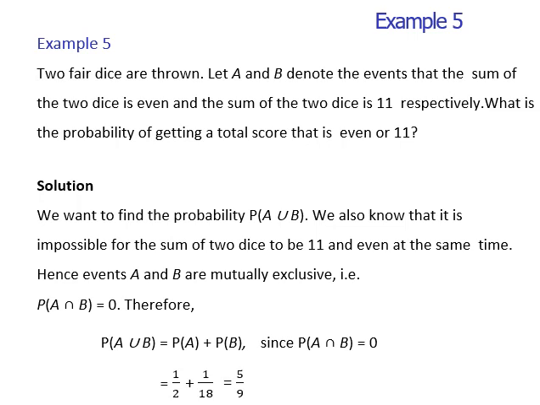Now, without going through the mathematical calculation, you know that you cannot have the possibility of having an even number that is also 11. 11 is not an even number. So in this case, these two events are mutually exclusive. The probability of having a total score that is both 11 and even is 0.